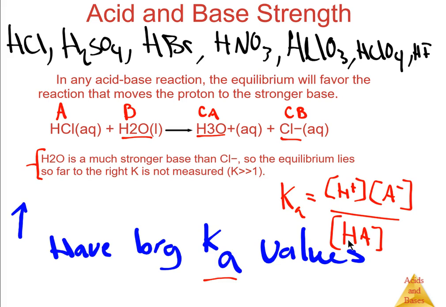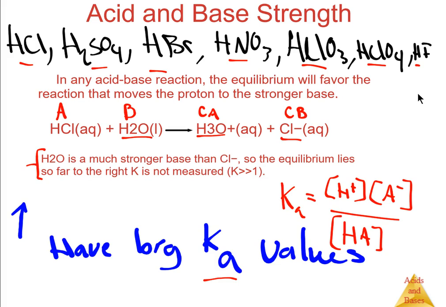We don't even worry about defining it, because it's not in equilibrium with products and reactants. It's all products and 0 reactants. Okay with that so far? Now, that only applies to these strong acids. Everything else, by definition, would be a weak acid.